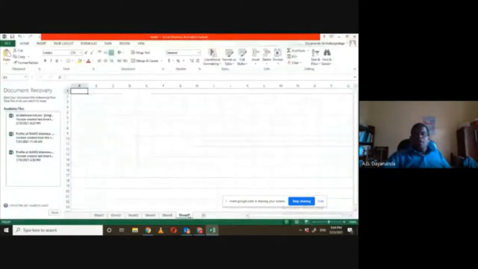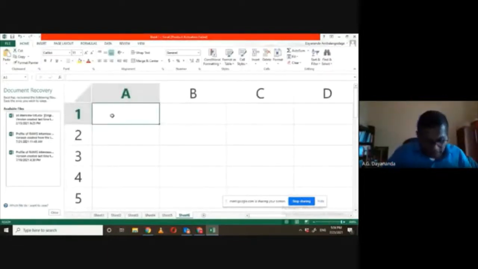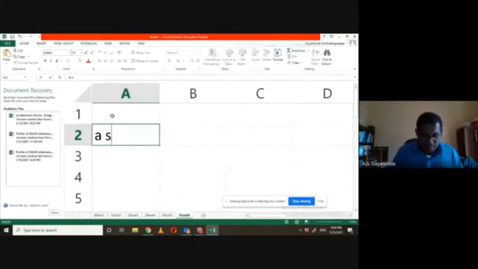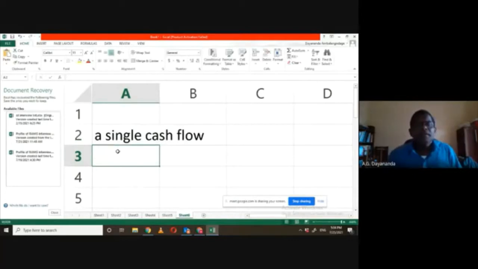I will use an Excel sheet. It's not a big thing, very simple. Now we studied single cash flow. We studied an annuity.